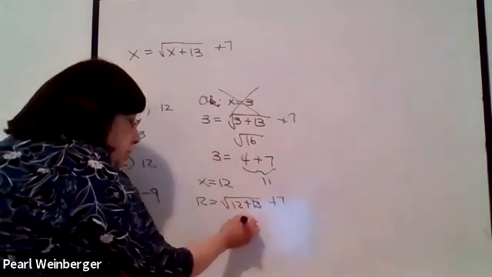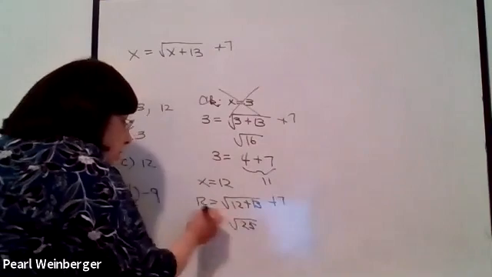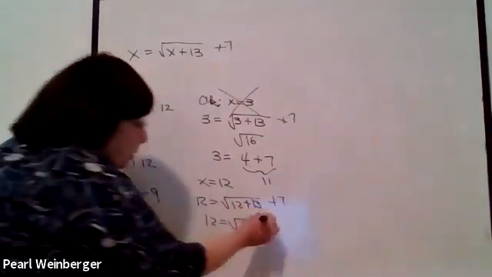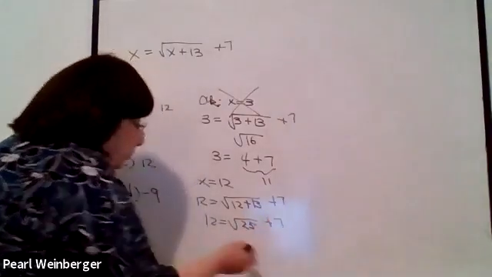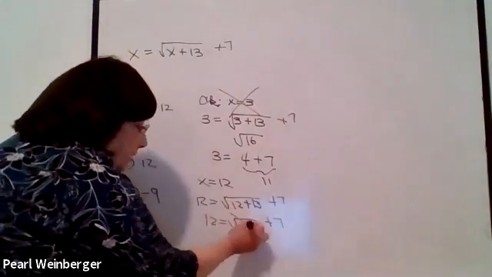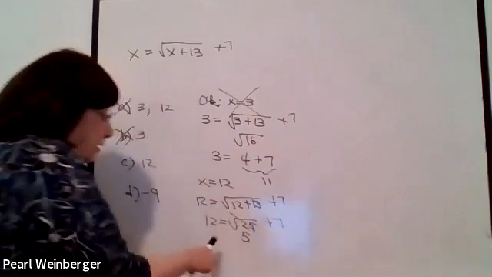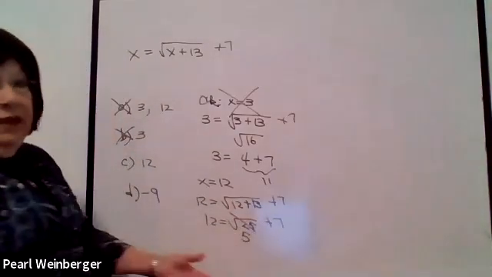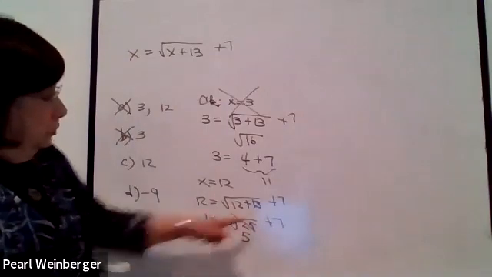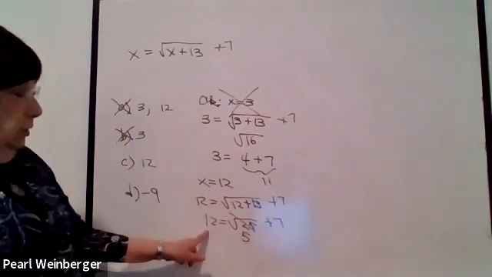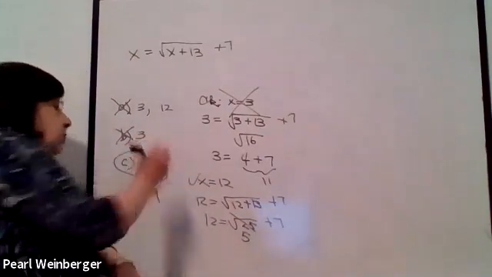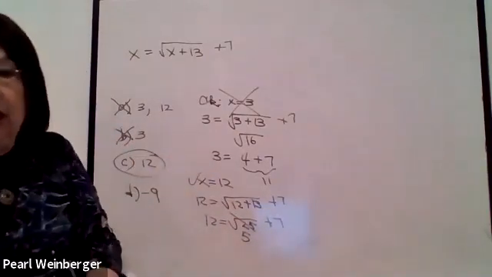So this is the square root of 25. So we get 12 equals the square root of 25 plus 7. Now I know the square root of 25 is 5. And that last statement gives me 12 equals 5 plus 7. And that is actually true, because 5 plus 7 is equal to 12. This works, which means I now know my answer is choice C.